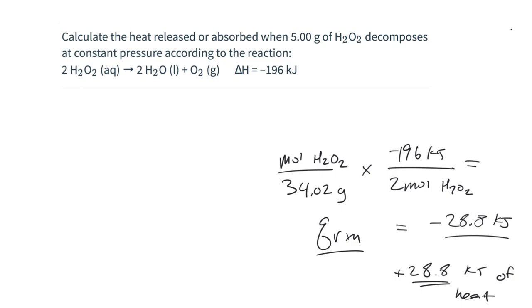The analogy I like to use is money. If you go to the casino, you don't usually say, what's your change of money? And your friend says, well, it's negative $200. You would probably say, well, I lost $200 or I won $200. So the word loss is implying the negative sign on that Q reaction being negative. So the reaction lost 28.8 kilojoules of heat. Heat's just something you tend to track in that fashion.